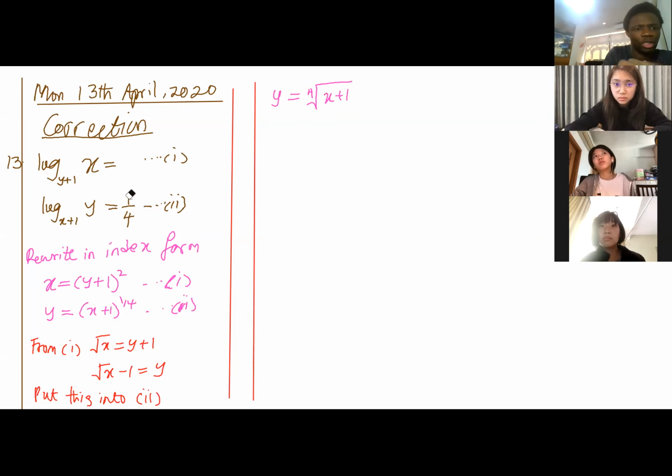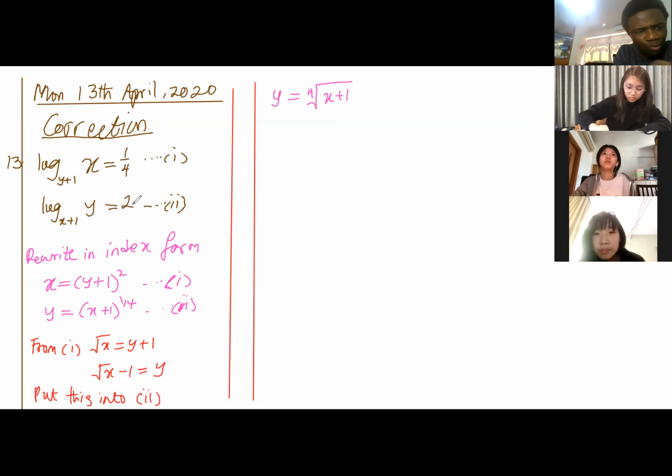So this should be 1/4, this should be 2. Yes, those two switch. Okay. Should I erase everything or just change the number here? Just change the number there, it's fine. So something like that. Yeah, that's correct.